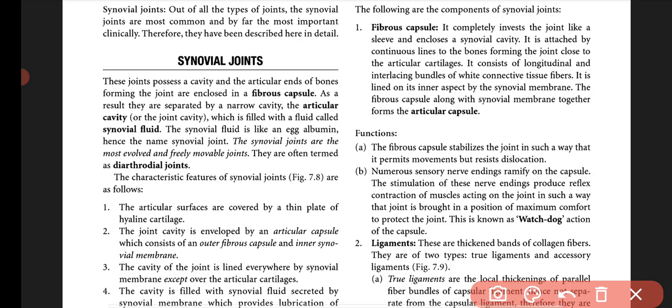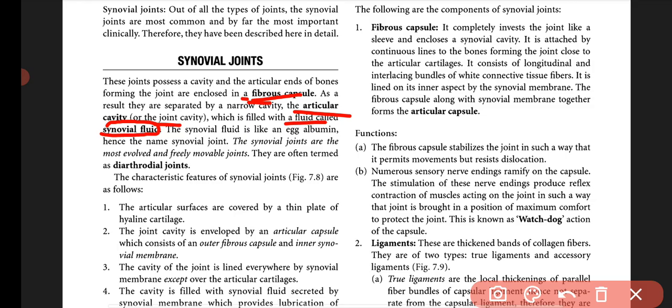These joints possess a cavity, and the articular ends of the bones forming the joint are enclosed in a fibrous capsule. As a result, they are separated by a narrow cavity called the articular cavity or joint cavity, which is filled with a fluid called the synovial fluid.